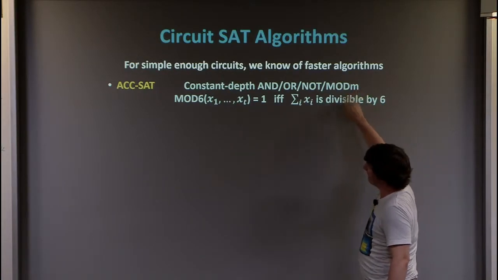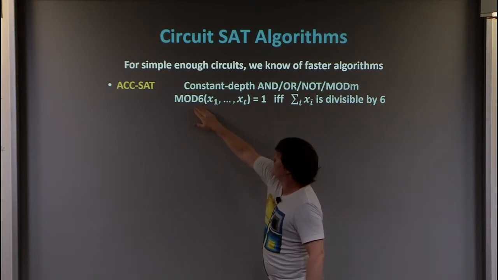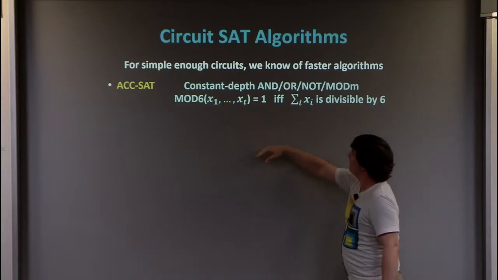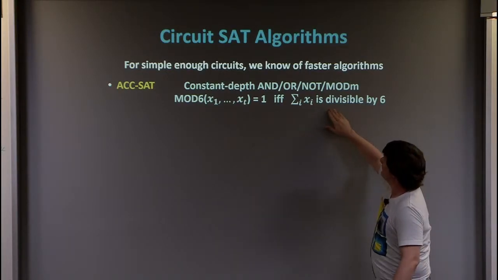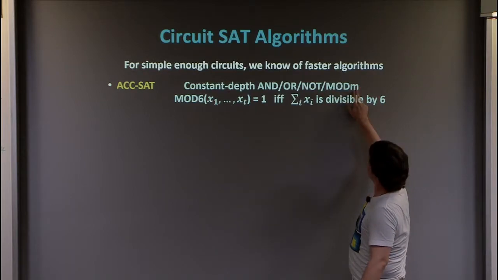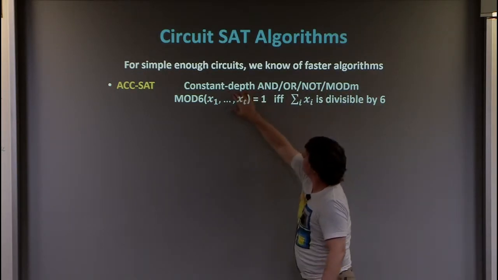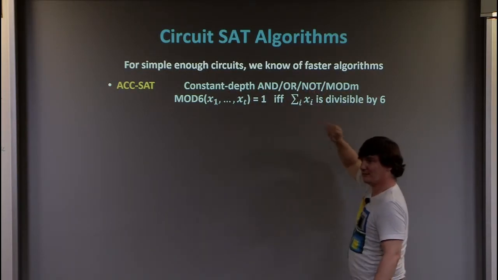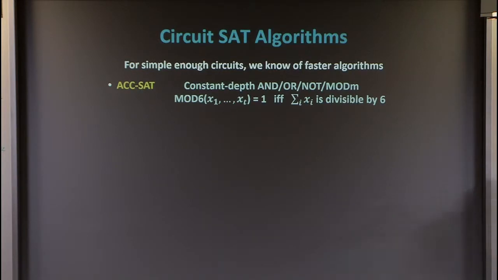It's at least 2. And for example, MOD 6 takes its inputs and just outputs 1 if and only if the sum is divisible by 6. Essentially, this class arose from the fact that MOD 2 cannot be computed in constant depth with AND, OR, and NOT. These results were proved by first Sachs and Sipser and Ajtai.